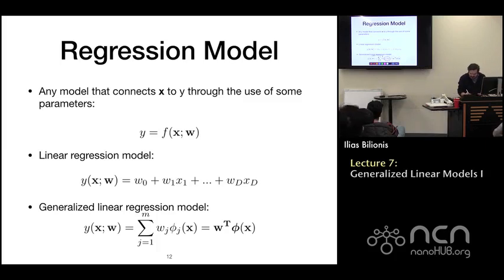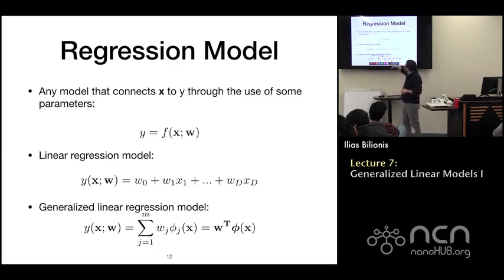But instead of x, you have a phi of x as the feature or the input. It's as if you are taking your output and expanding it in a set of basis functions.